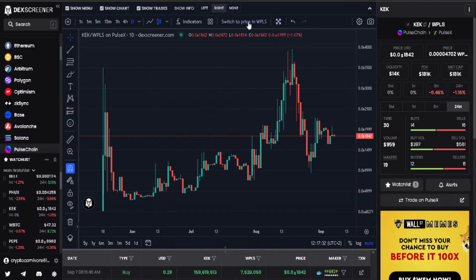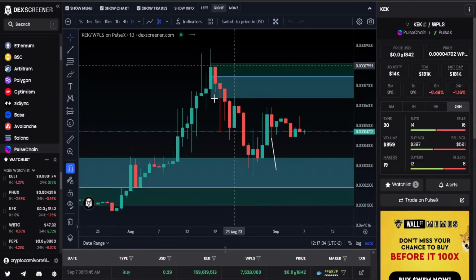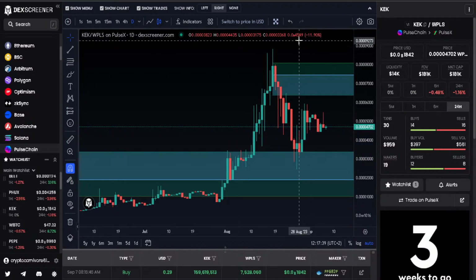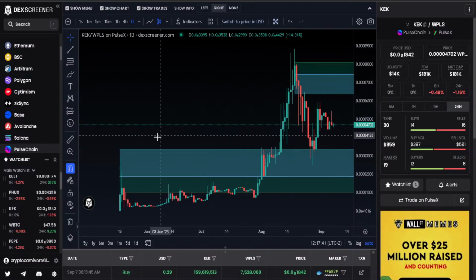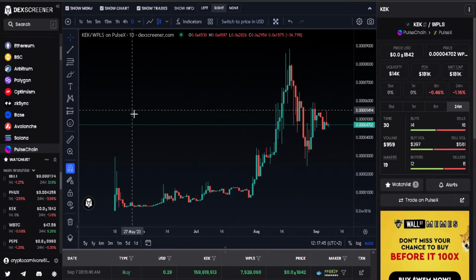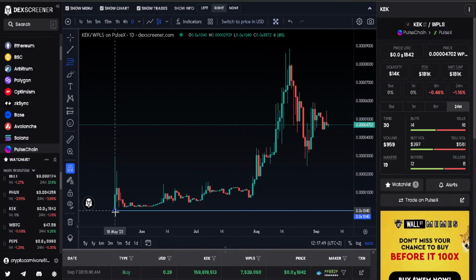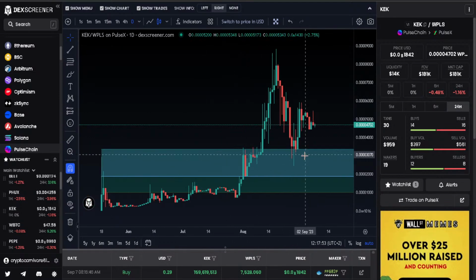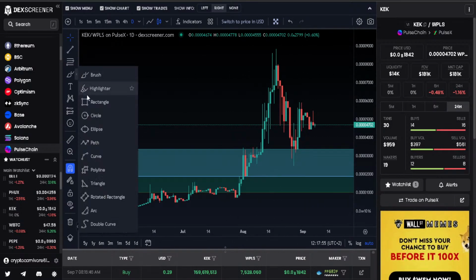This is Kek, the token that I founded. That was the PLS ecosystem, or value versus PLS. This is what you tend to want to look for. If we just pull up the fib tool here, we've bounced off the 61.8.